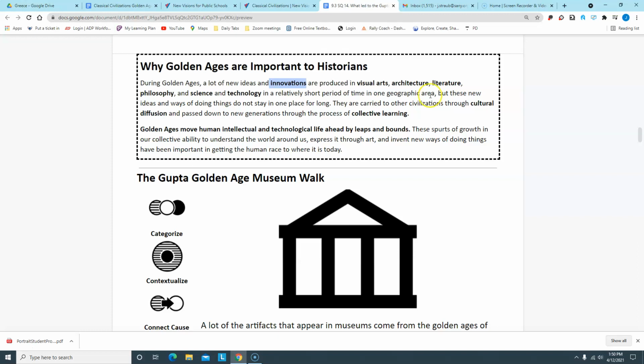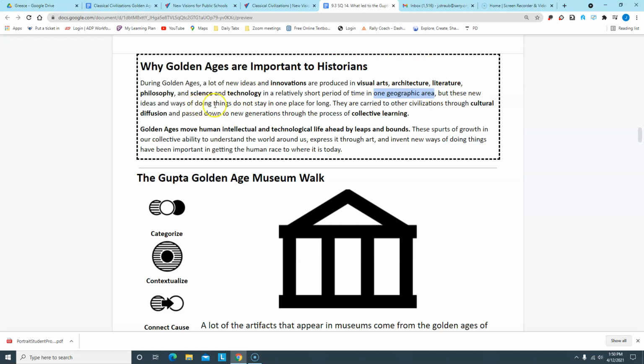All right, so let's break that down a little bit. There's a lot there. A Golden Age has to do with a time period in one geographic area. So one specific area on a map. And during that time period, that geographic area sees innovations or changes or improvements to visual arts, architecture, literature, philosophy, science, and technology.